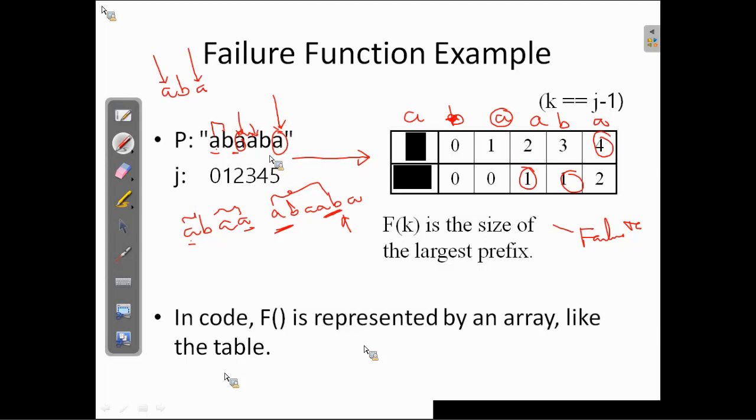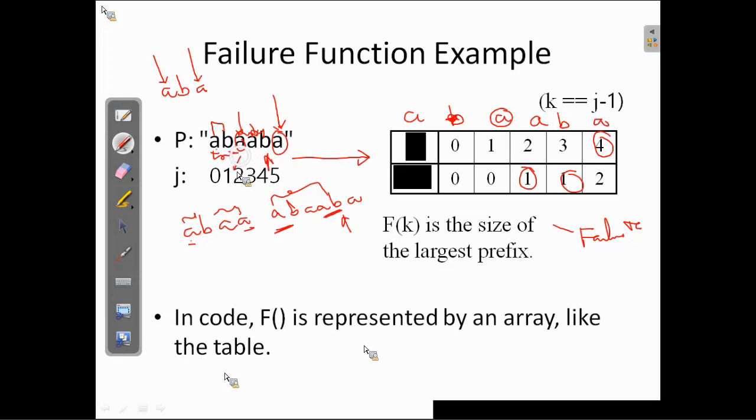Then we know that as of this position, there is a suffix of length 2 which is the same as the prefix. So I can start the comparison with the string by skipping the prefix, because it's already there in the suffix and has matched.